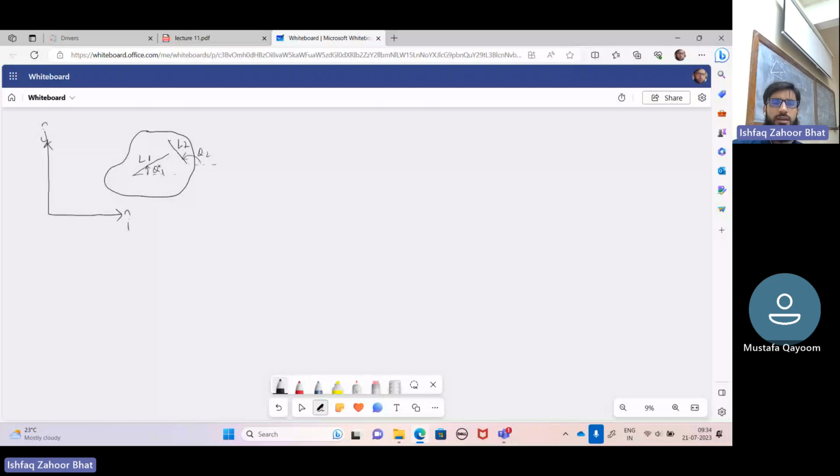Basically, these are the angles made by these lines with the horizontal or the x-axis, and these lines are attached to this rigid body. So let's assume that this body rotates and it translates also, and this body reaches to this.